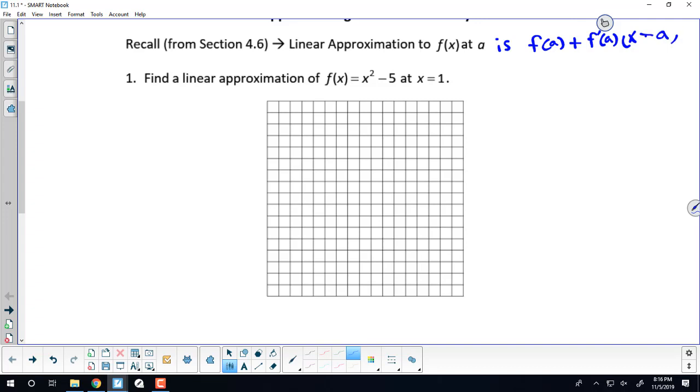Or if you want to think about that, all that is the equation of the tangent line. So when it says find the linear approximation of x squared minus 5 at x equals 1, we have our function value, or the y coordinate of that point, as 1 squared minus 5.